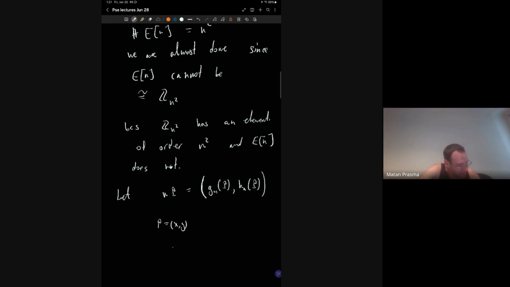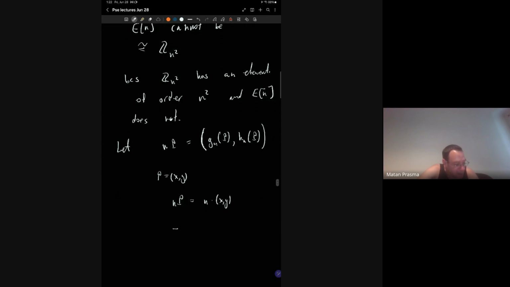And then you want to do nP, that is n(x, y), in the elliptic curve E, right? Then nP is some expression in the first coordinate, a polynomial or rational function expression in x and y.